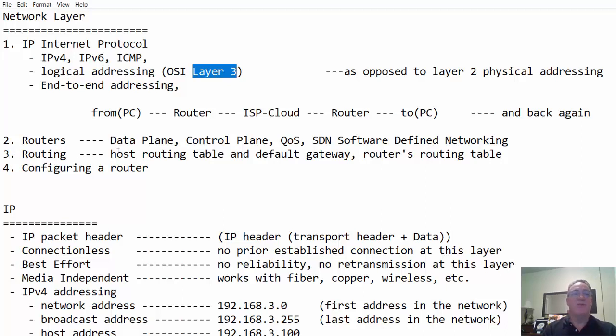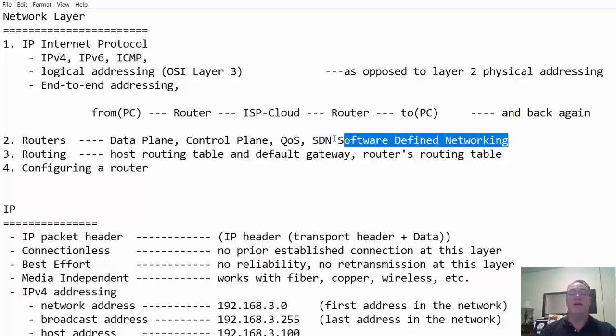Now, what about routers? Well, routers function at the data plane regarding forwarding. At the control plane, when it comes to routing, they're also responsible for quality of service, QoS. QoS is when we need to prioritize different types of traffic, namely voice over IP phone calls, streaming video, things like that. And then the newest topic related to the network layer is software-defined networking.